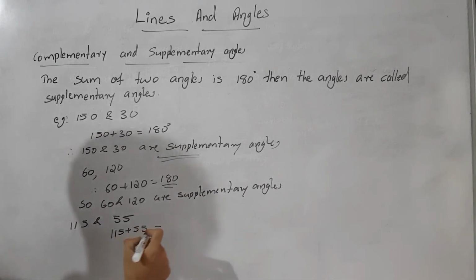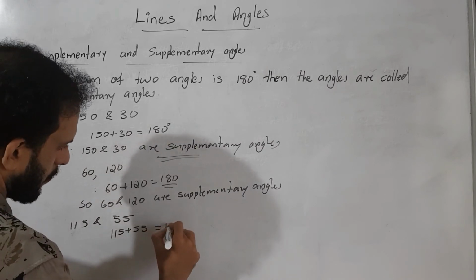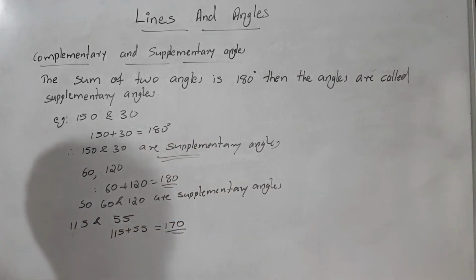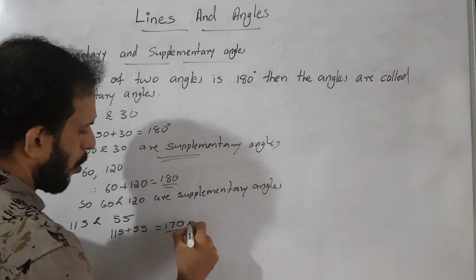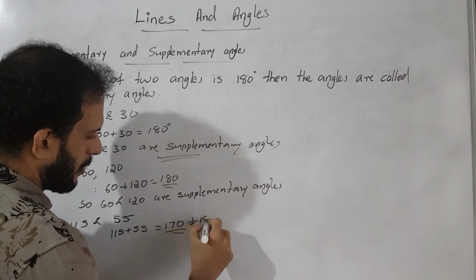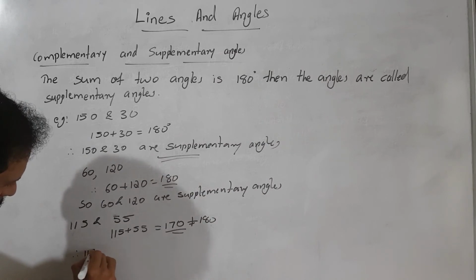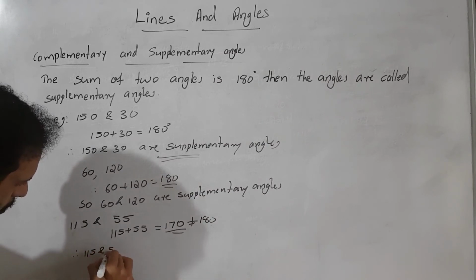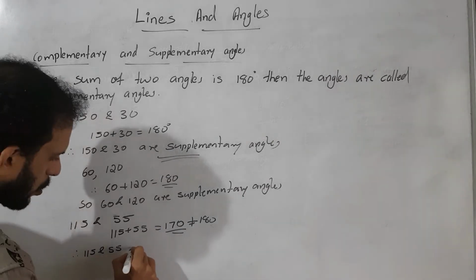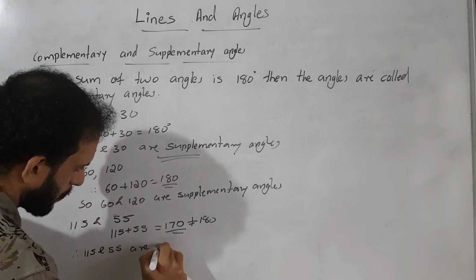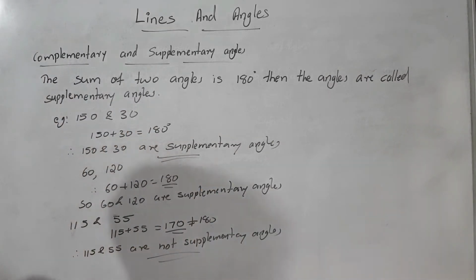Yes, 170. Then 170 is not equal to 180, correct? So what do we conclude? Therefore 115 and 55 are not supplementary angles.